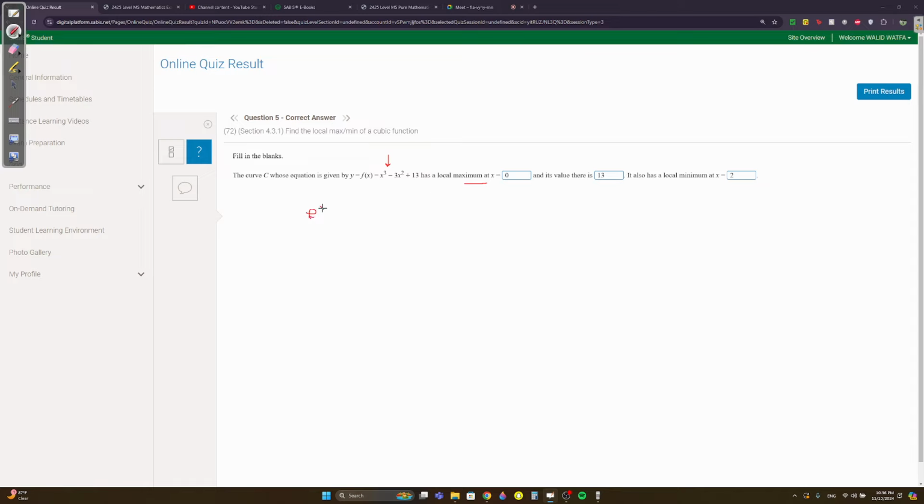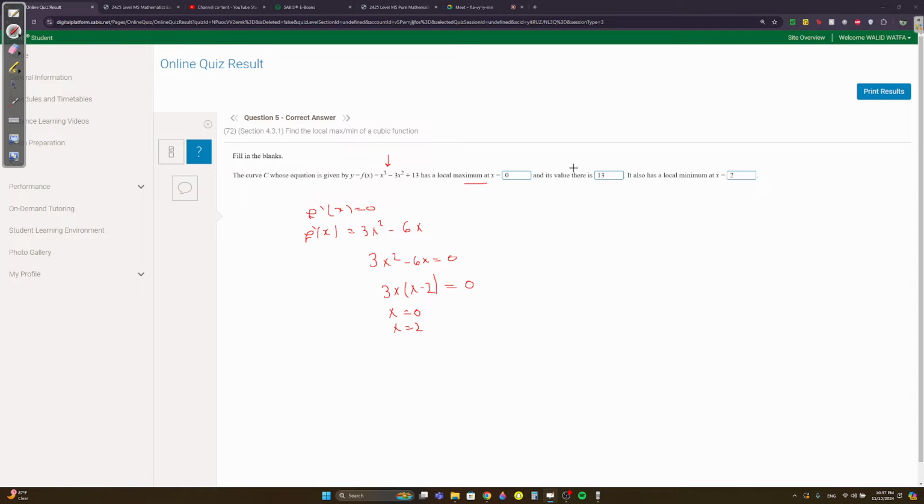So you need to find f prime of x and equate it to 0. f prime of x is going to be equal to 3x squared minus 6x. We need to equate this to 0, so x squared minus 2x equals 0. You can solve this very easily, and you're going to get x equals 0, x equals 2.